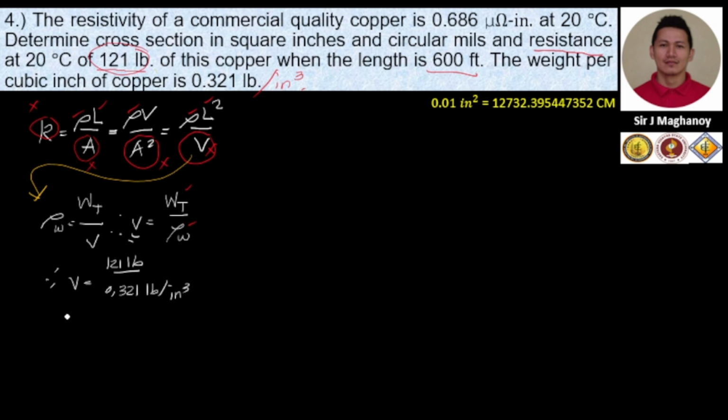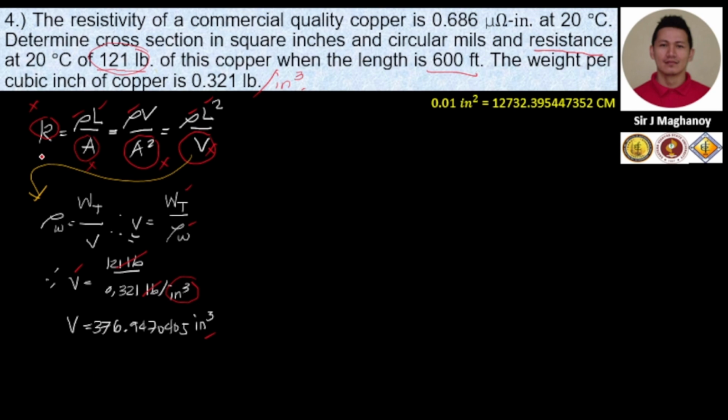So finally, the volume is 376.9470405 cubic inch. We forgot to cancel out units. So we cancel out pounds, and the remaining unit is cubic inch. That is the unit for the volume. Okay, so this is our volume.